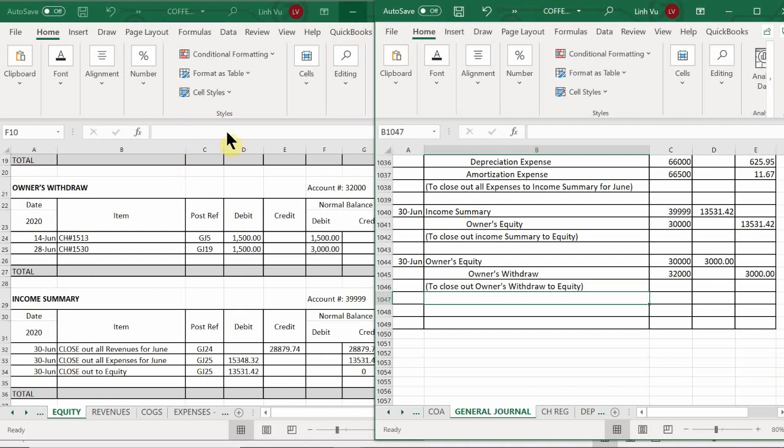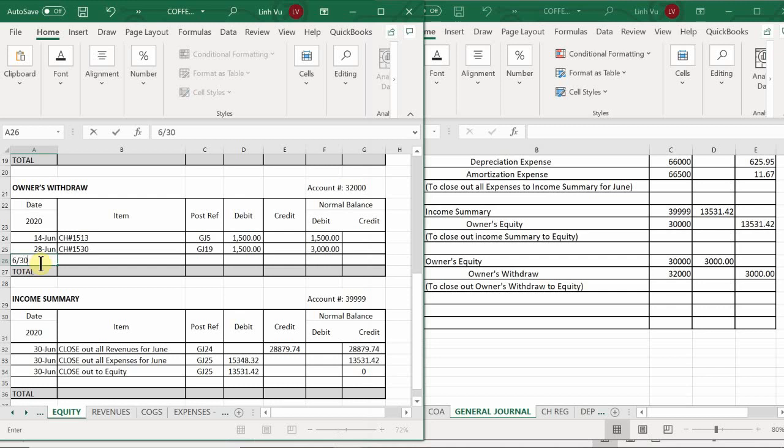And so on and so forth. We're going to go ahead and update my ledger account. Okay. Close. You can say close here as well.